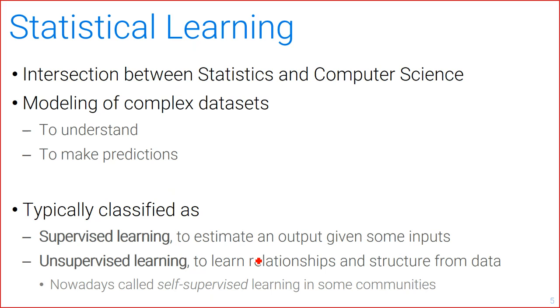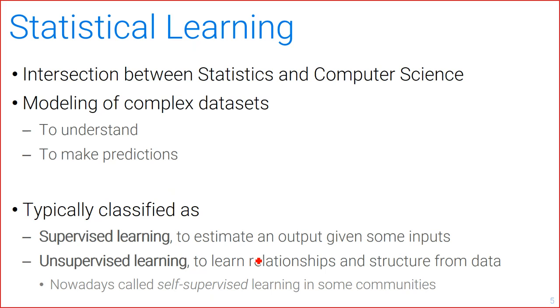We could do it to try to better understand the data set, or the phenomena generating the data, trying to better understand whatever it is that we are studying and the data refers to. Or we might be interested in making predictions about that phenomena. So it's not so much about understanding how it works, as much as it is about just making good predictions about it.